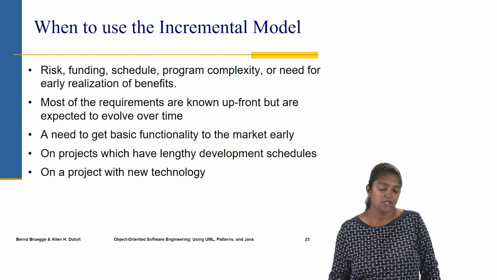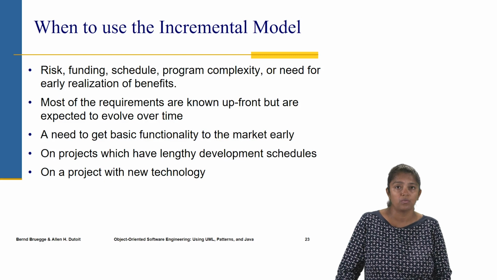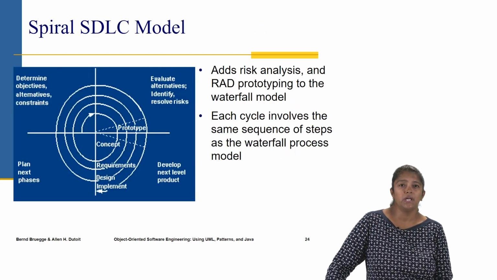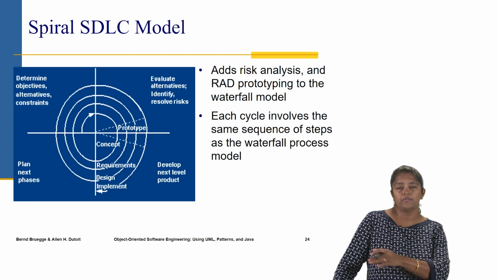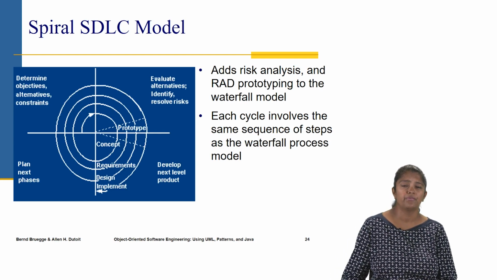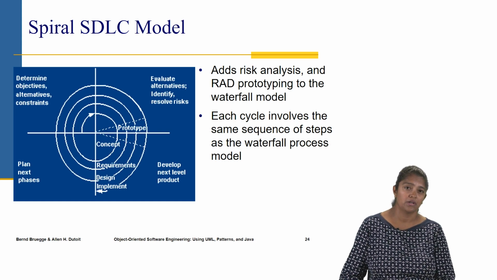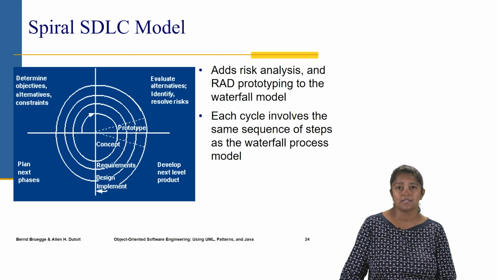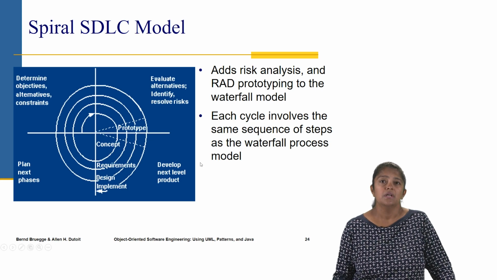But then, as you can see, we started this discussion about risks and what happens when there's risks. So there was a need for risk analysis, and none of these previous models really supported that, and that's when the spiral SDLC model came into the picture. This adds a lot of risk analysis into these existing models.